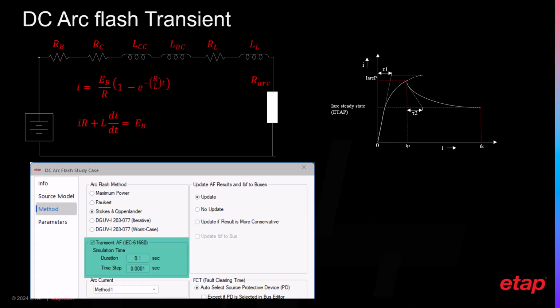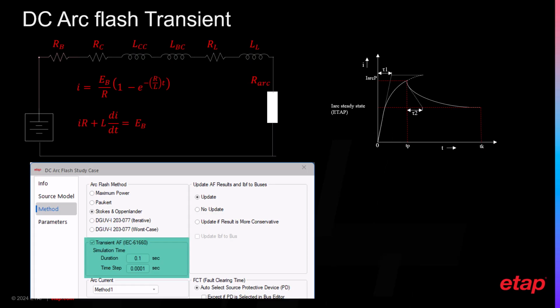The arc flash equations can be applied by using iterative solutions, for example, the Stokes and Oppenlander method, and we can determine the arc current as a function of time using the bolted fault current from the battery short circuit.